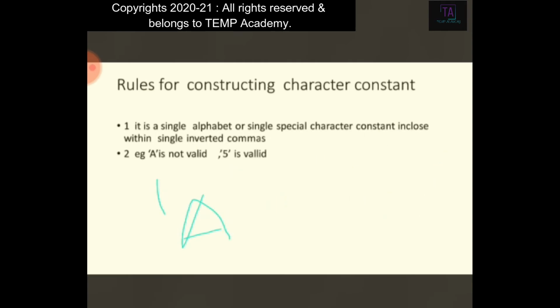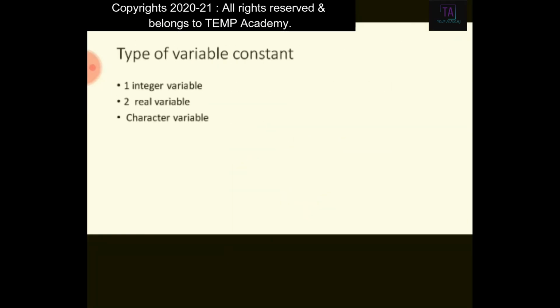We can also take a special character like this, which is also correct. Then next is types of variables: first is integer variable, second is real variable, and third one is character variable, which we have discussed earlier.